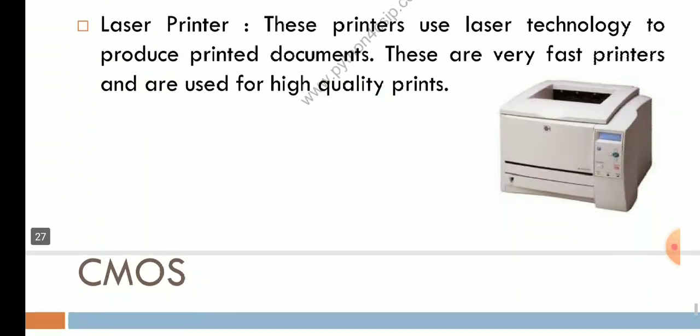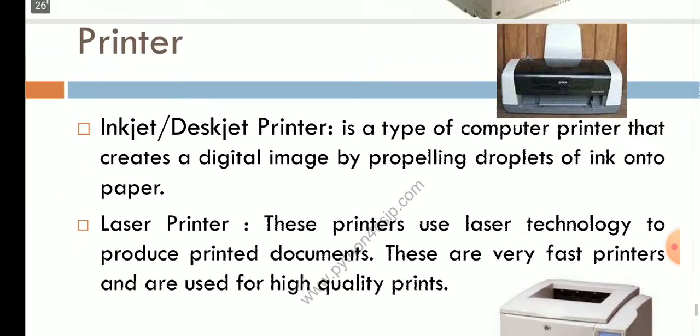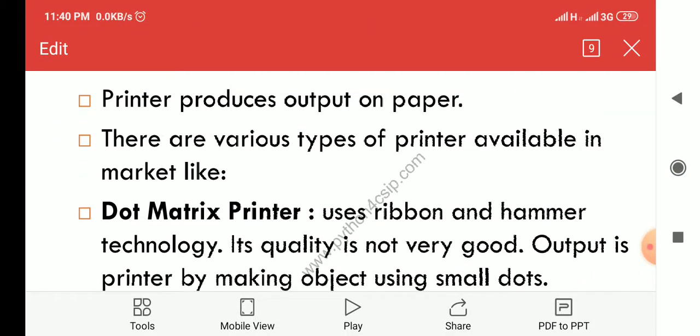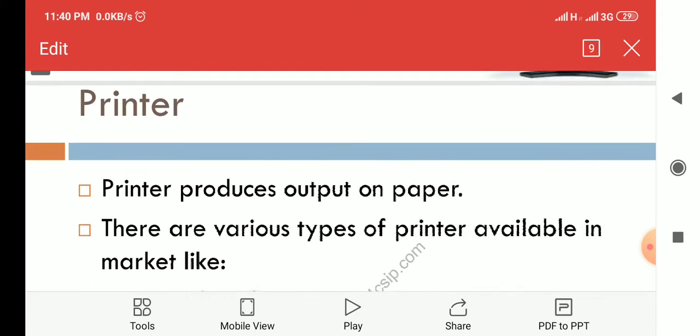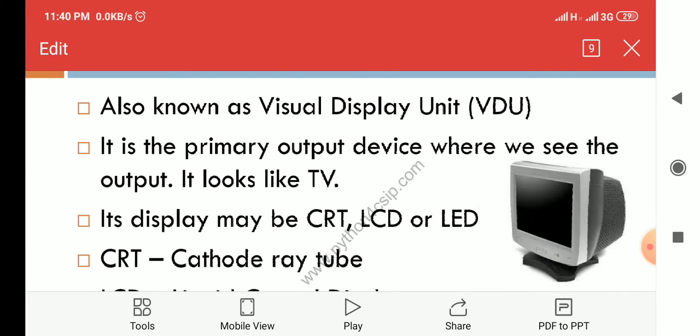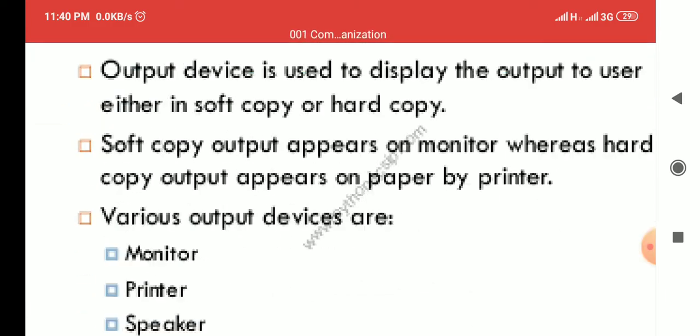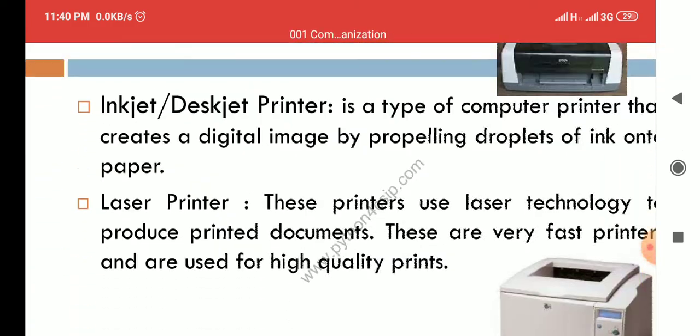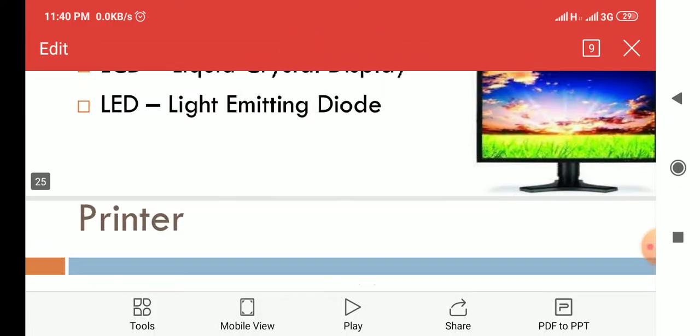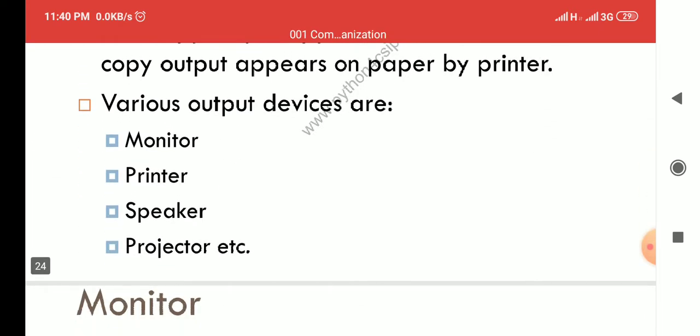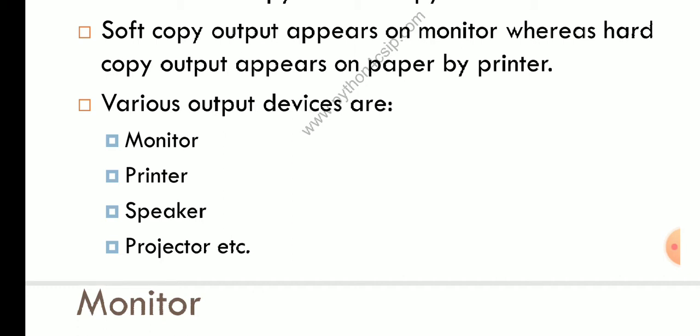Then next we'll move on to the next output device. Imagine if I need to print a banner, how will you print? With the help of a printer only? It's not a printer, it is called a plotter.